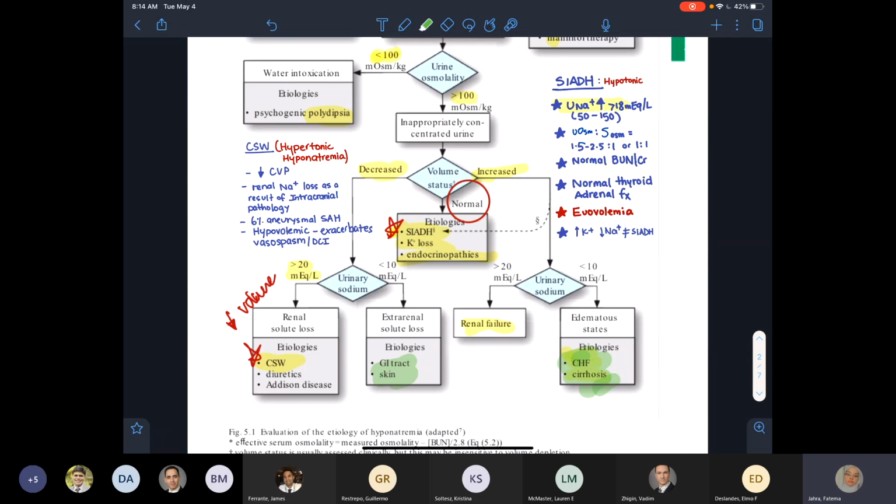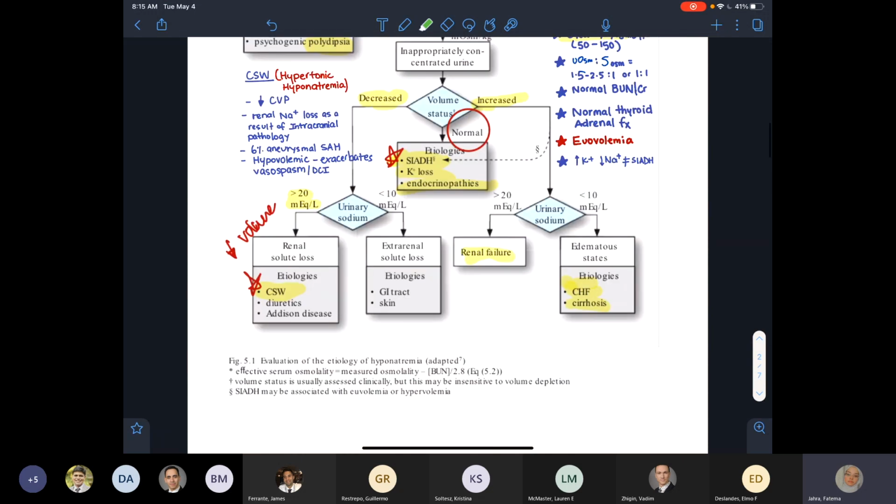And here you have renal failure where the kidneys, inappropriately concentrating the urine, are not saving the sodium, despite the fact that your intravascular volume is increased and your osmolality is decreased. It's just the kidneys being incapable, like in nephrotic syndrome and things like that. So let's get to the next page.